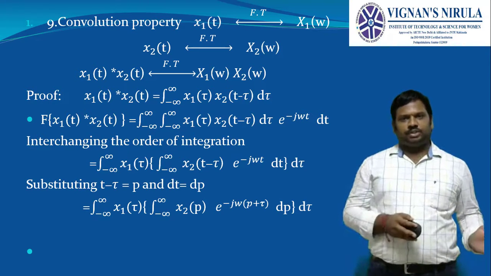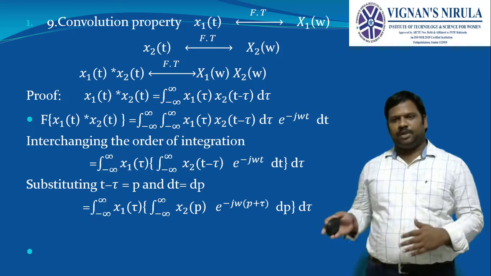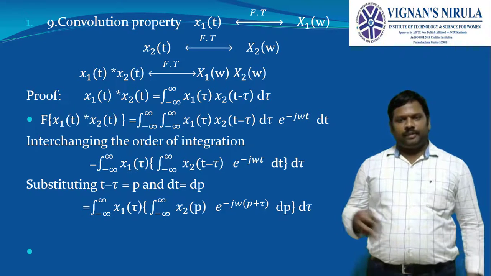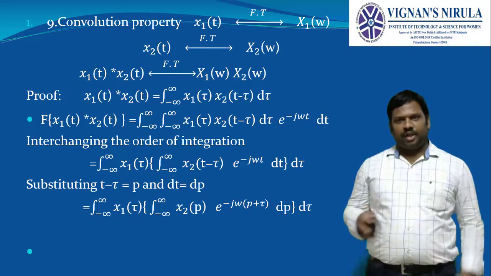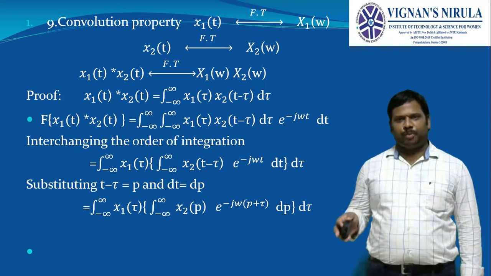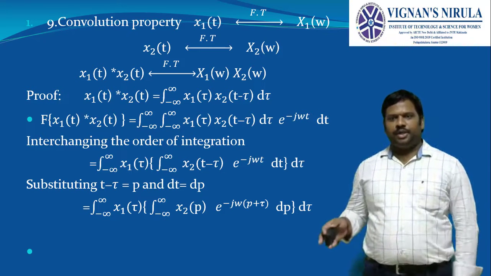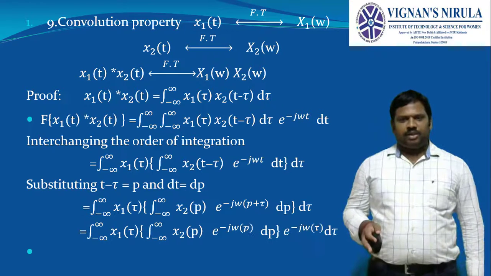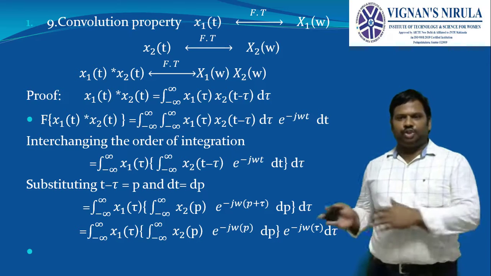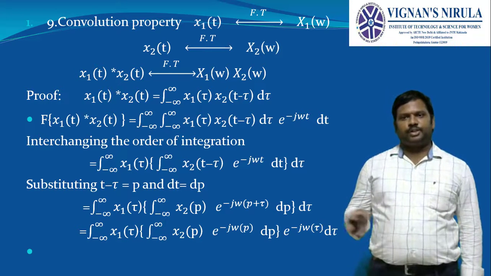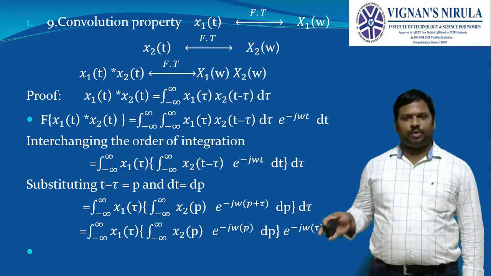Next, substitute t minus tau as p, and dt is equal to dp. Then we get the second integration from minus infinity to infinity x2 of p e power minus j omega p plus tau dp d tau. This integration will be given as the integral of x2 of p e power minus j omega p dp, into the corresponding e power minus j omega tau d tau.